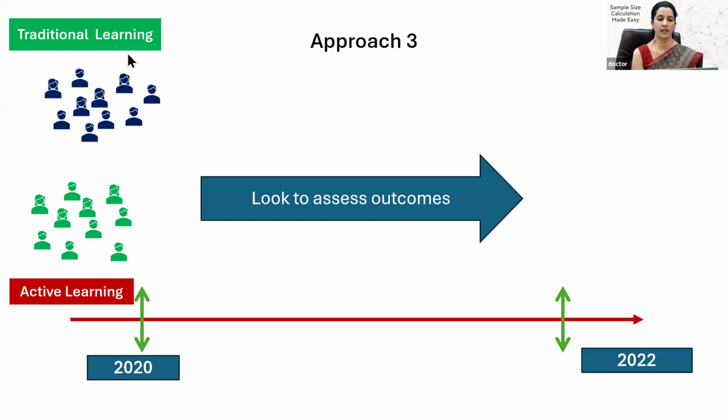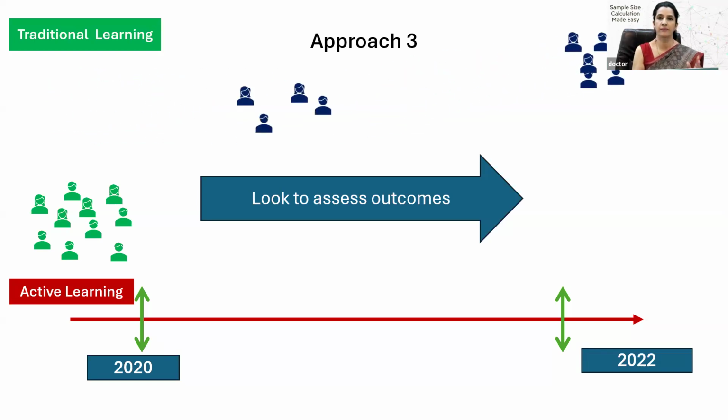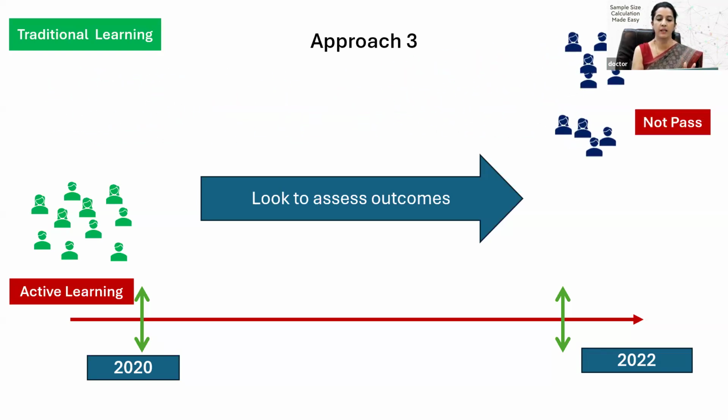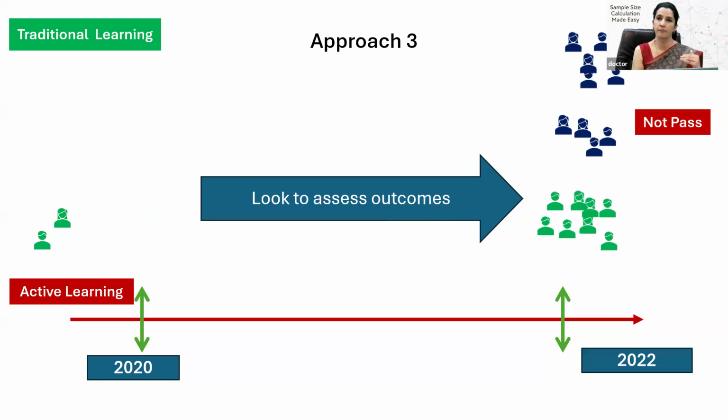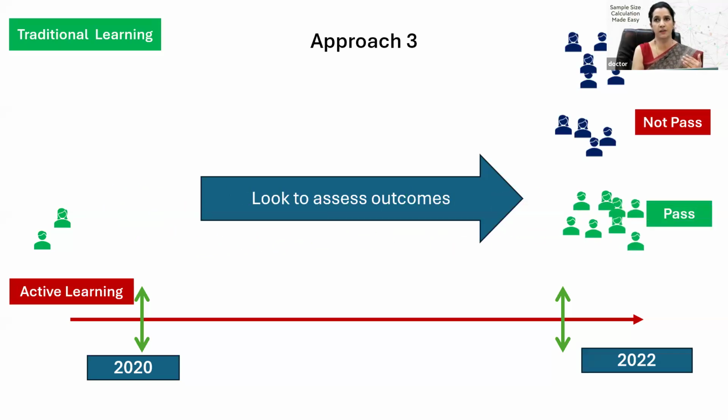I have categorized them into the two groups, and now maybe you can take 2022 or 2024, and then I see whether they pass or fail, depending on the mode of learning used, whether it is traditional learning or active learning. Then which type of study design is this?